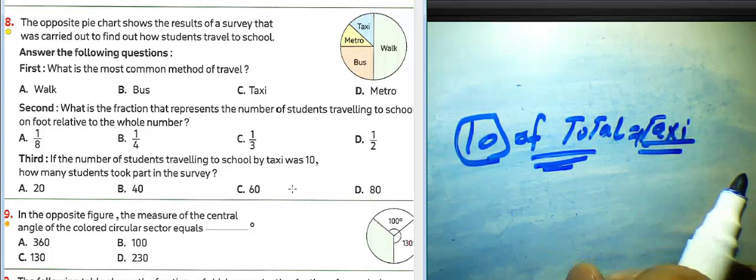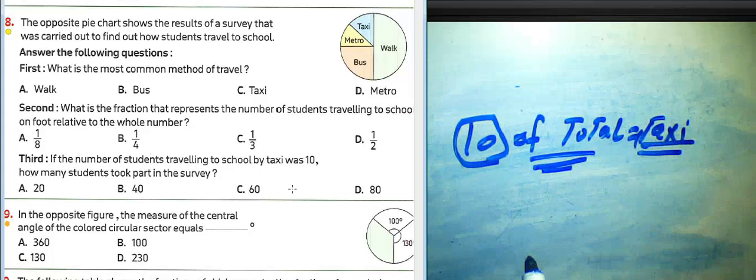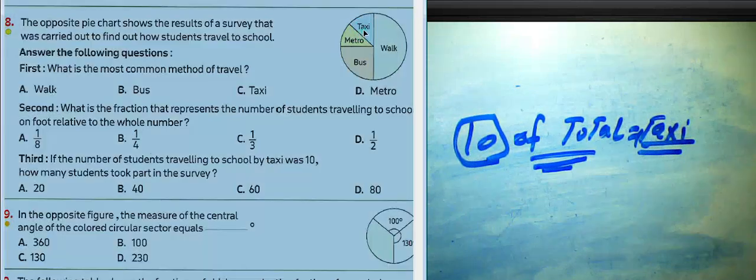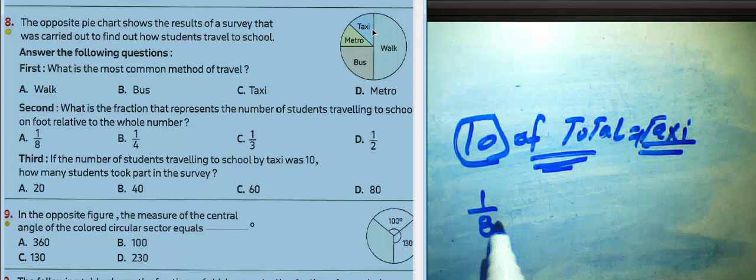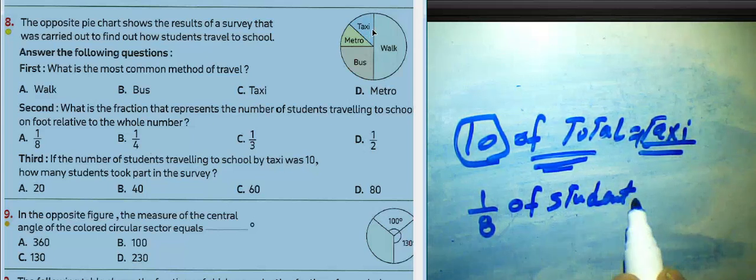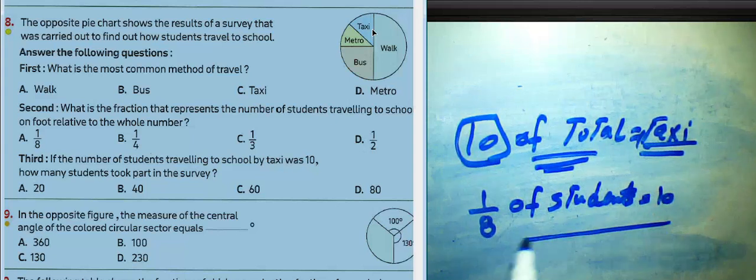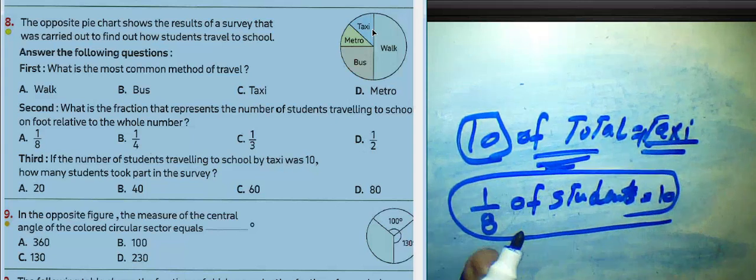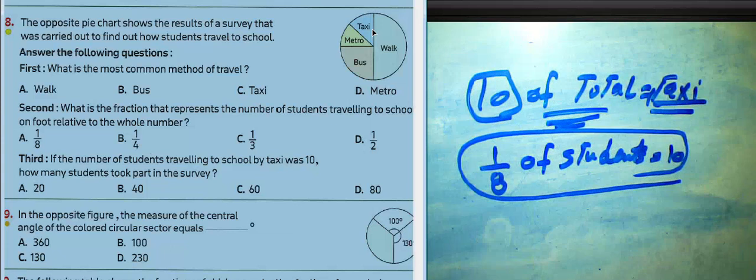So in this example, we can find the ratio. Look here, taxi was 1 over 8. If you divide this circle into 8 parts, the taxi part refers to 1 over 8 of the circle. The number of students was 10 because it was the fraction of students using taxi.